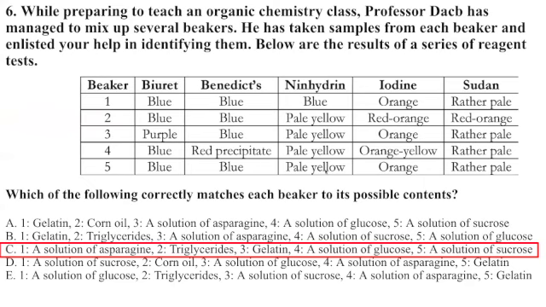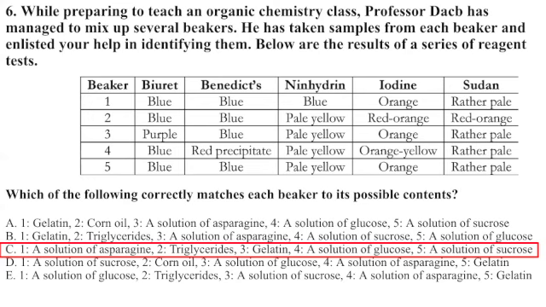While preparing to teach an organic chemistry class, Professor Dog has managed to mix up several beakers. He has taken samples from each beaker and enlisted your help in identifying them. Below are the results of a series of reagent tests. This is something where you just have to know what each of these tests is for.